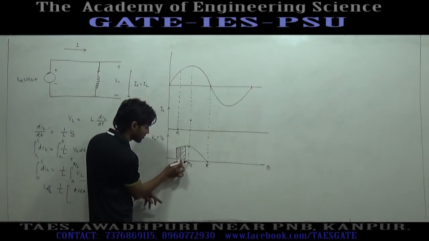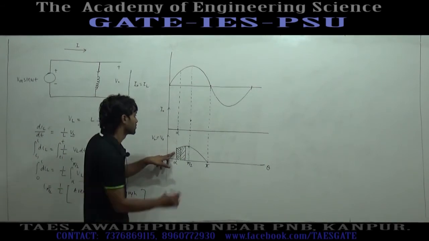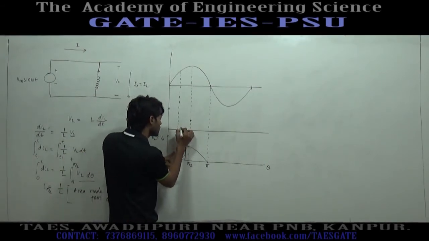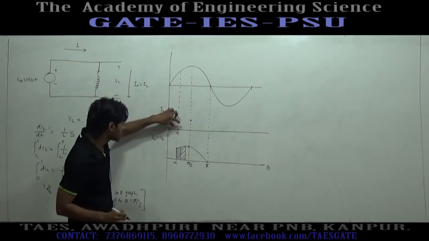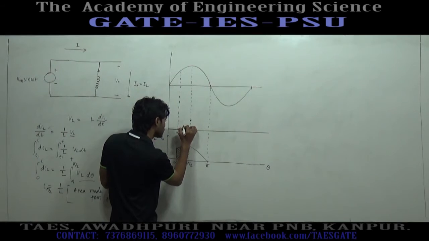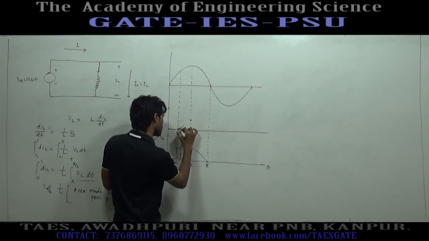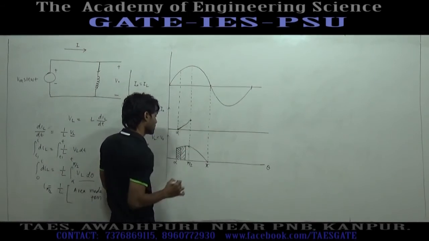We are taking the same interval, but the area is more than the previous area. Hence the rise in inductor current will be more than the previous value. Previously the rise was this much, now the rise is more. So, the graph will take this type of shape.